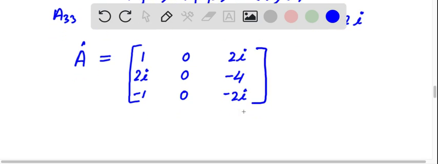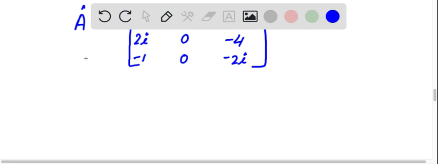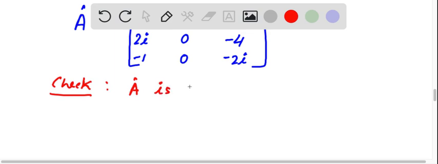Now the next step: whether this matrix is Hermitian or not. Let's check whether the operator matrix A is Hermitian or not.